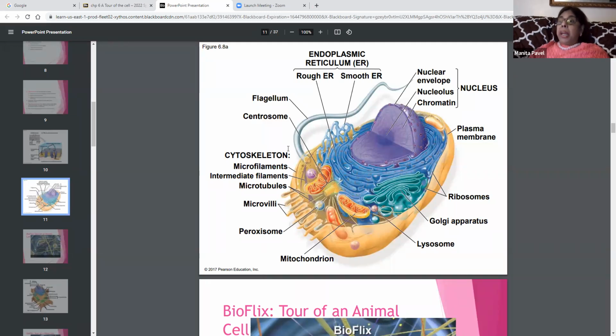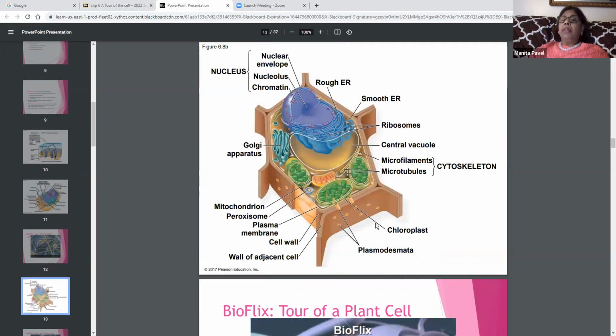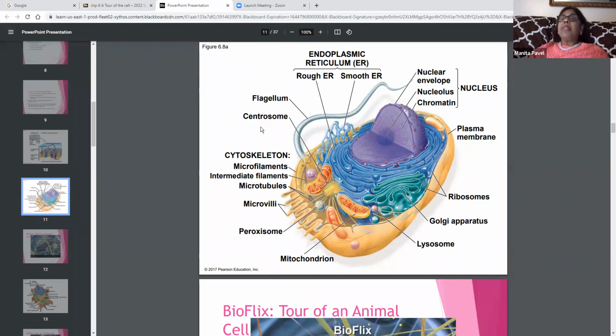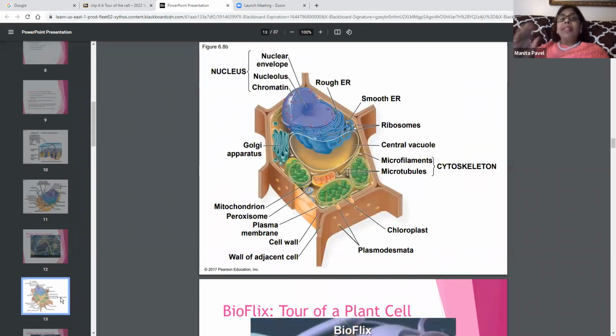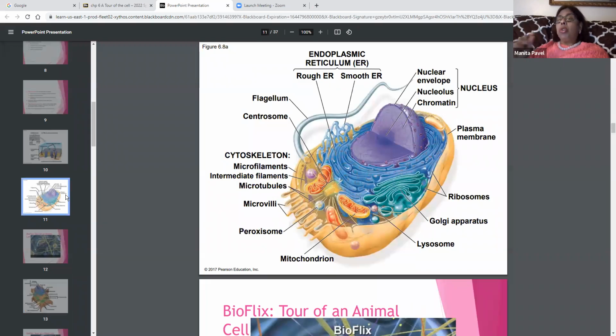Now, animal cells, on the other hand, have lysosomes present, whereas a plant cell does not have lysosomes. Animal cells have a centrosome, also referred to as centrioles, which are present, whereas plant cells do not have centrioles or centrosomes present.